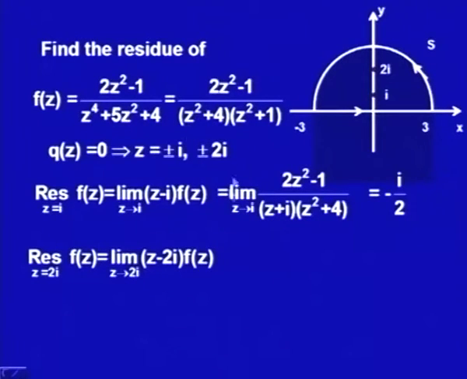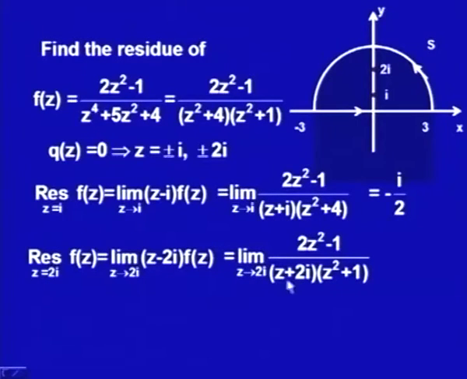So, the remaining function when we are multiplying it by (z minus 2i) is (2z² minus 1) upon (z plus 2i)(z² plus 1), and we find the limit as z is approaching 2i. That says we just have to evaluate this function at z is equal to 2i.